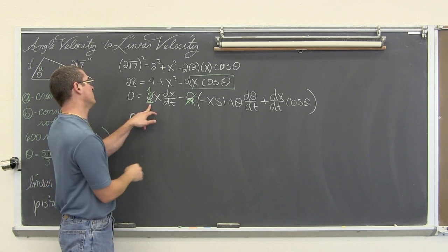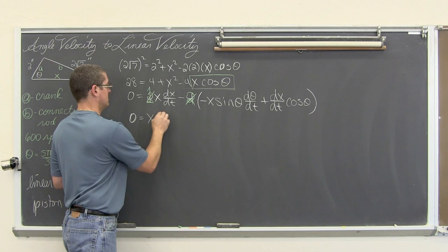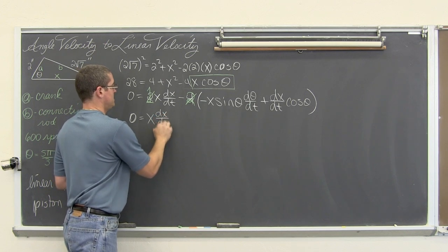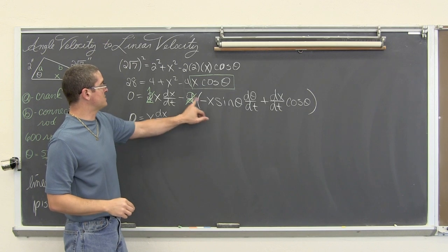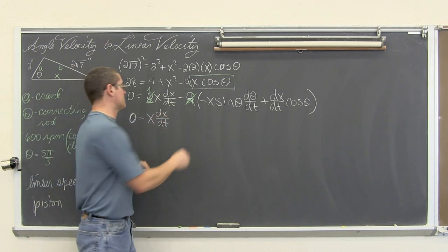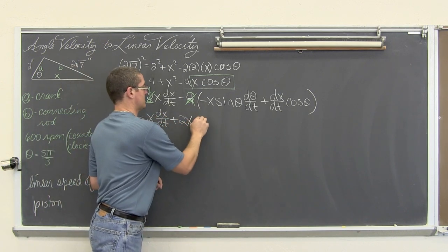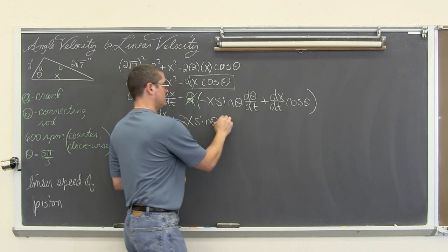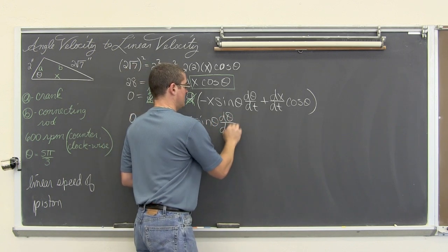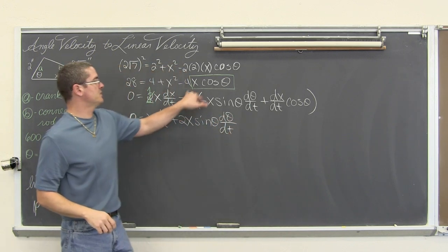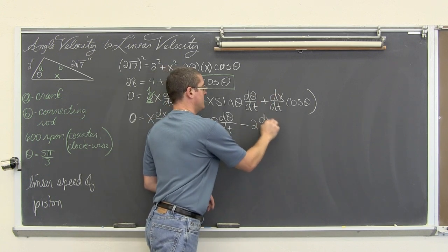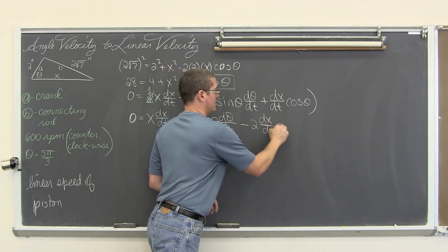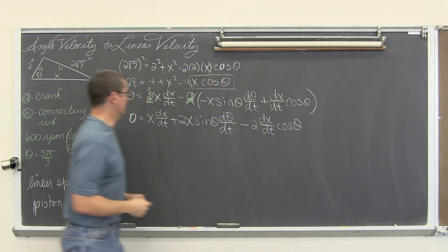0 is equal to x dx dt. We're going to take the negative 2 and multiply it through the parentheses. So we have negative 2 times negative 2 is positive 2x sine theta d theta dt. And then negative 2 times, so minus positive, so negative 2 dx dt cosine theta.